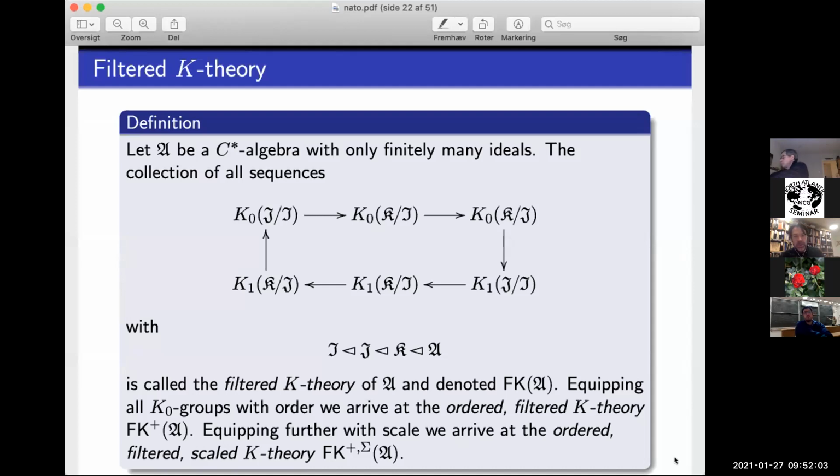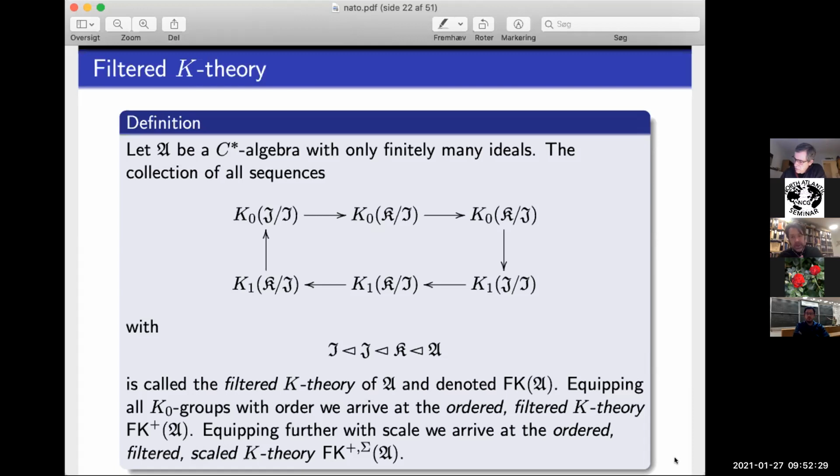It's important to note that the maps are part of the invariant. So the maps that I have in the 6-term exact sequence are part of the invariant. This means that if I have two of these invariants and I'm asking if they're isomorphic, I have to find a set of isomorphisms that commute with these given maps. So this, of course, makes it complicated to check these things, and this is not a very practical invariant.